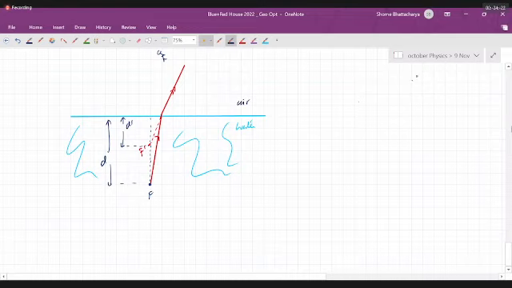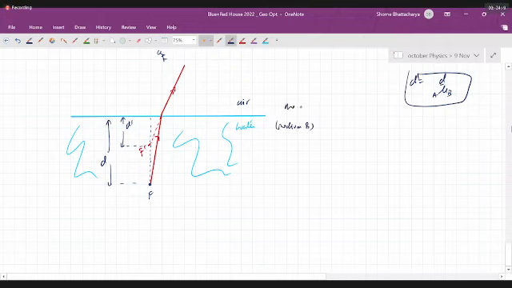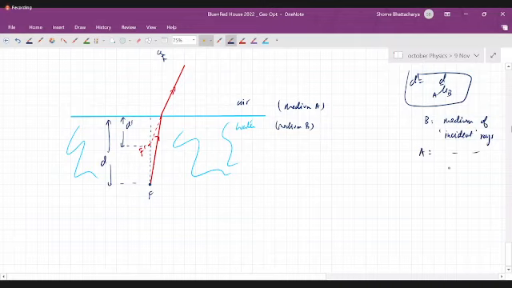So this was the general formula where this is medium D and this is medium E. So B is always the medium of the incident rays and A is the medium of the refracted rays. So you have to keep that in mind.